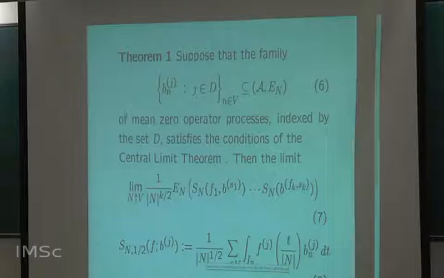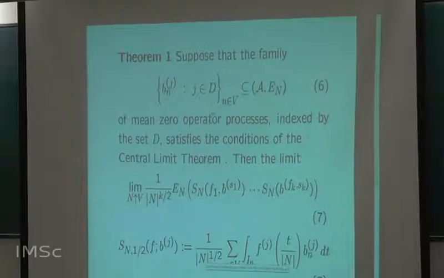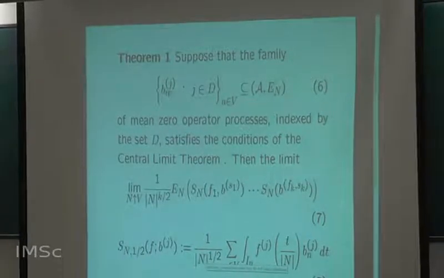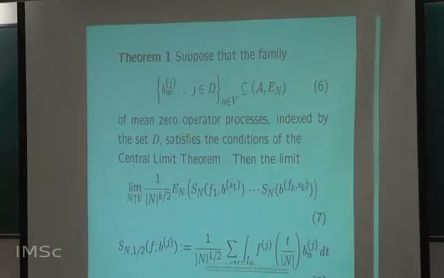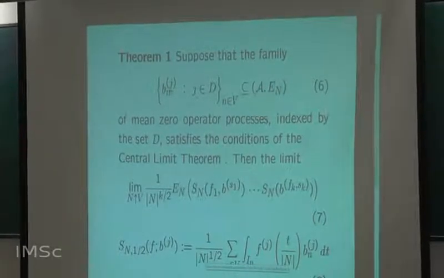We have a family of B_n which satisfies the conditions of the standard central limit theorem, so uniform boundedness of the mixed moments. Uniform means with respect to the index n. Of course, typically J is a finite set.